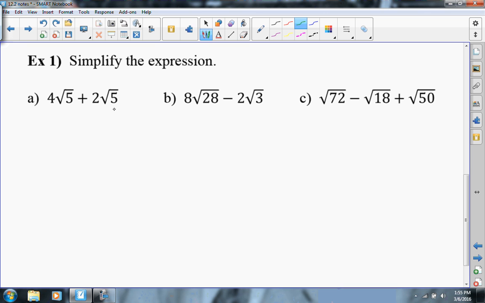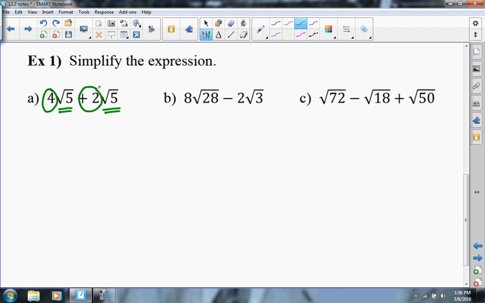Now the square root of 5s, those are already as simplified as they can get. There aren't any perfect squares that will divide into them evenly, and they're both the same. They're both square root 5 and square root 5. So these are going to be like terms. And when that happens, then we can look at the numbers in front, the 4 and the positive 2. Actually, let me circle the 4 and the plus with the 2.